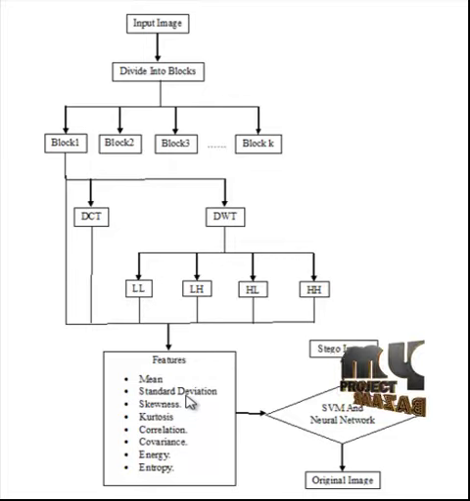Then the extracted features were given to the neural network and the SVM classification methodologies. The input image features were extracted by the same process. Similarly, the training process is employed for some set of stego and original images.